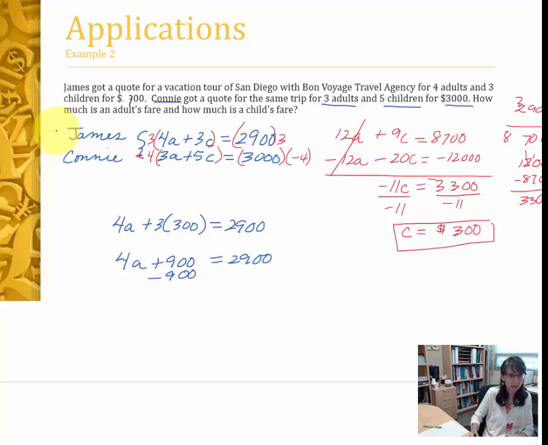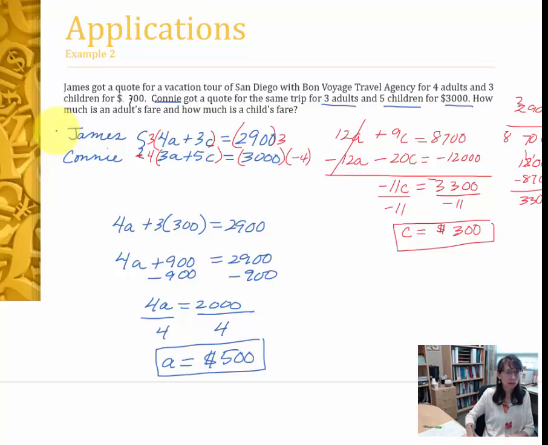Subtracting 900 from each side, we have 4a equals 2,000. Divide each side by 4 to finish this off, and we have the adult price is $500. So the adult fare is $500 and the children's fare is $300.